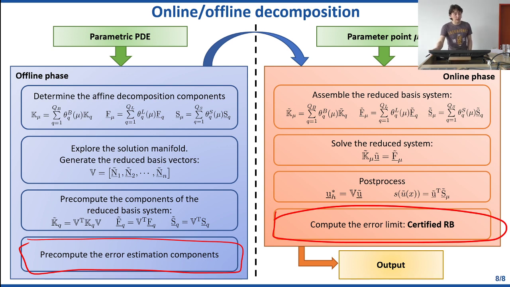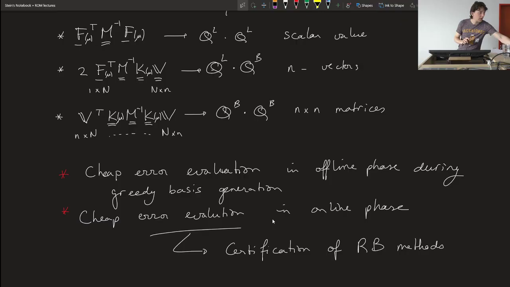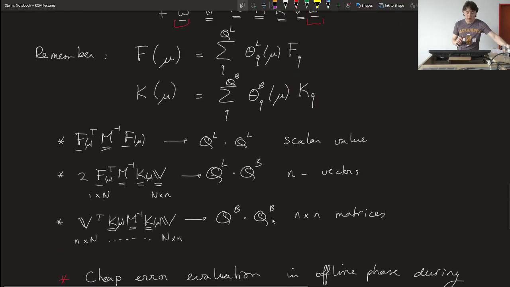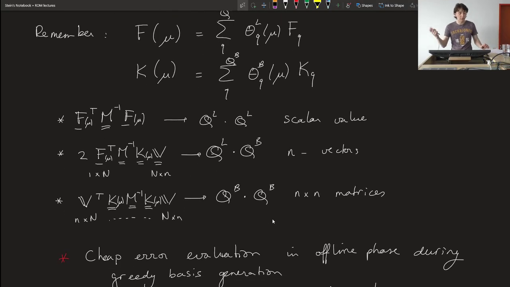You would want to, in your offline phase, compute all the necessary components, so the min theta or multi-parameter min theta approximation to the CBs, and the computation of all these different components here to compute the residual norm.